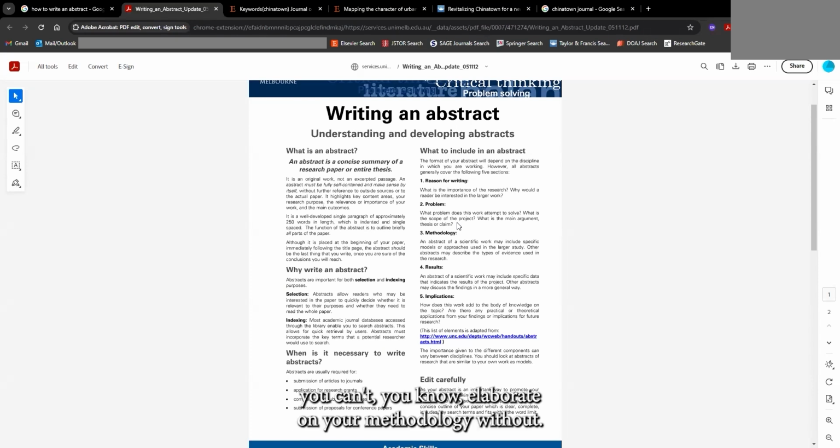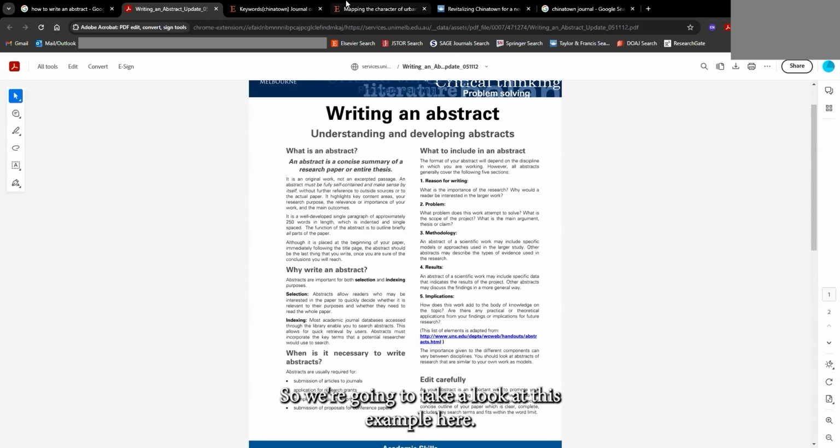You can't elaborate on your methodology without saying what your research is trying to do. So your aim usually falls above your methodology element, and then your results and implications. Now, your results and implications might be a little bit blurry here and there, depending on the abstract and the field. But your aim and your methodology should be very clear.